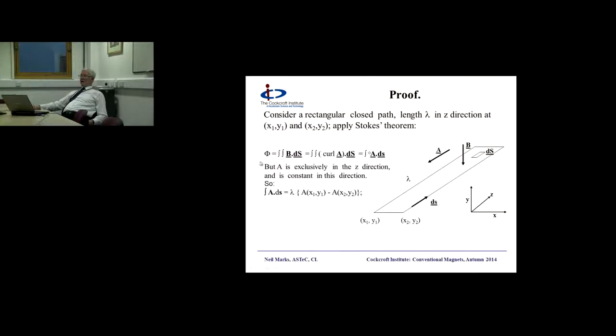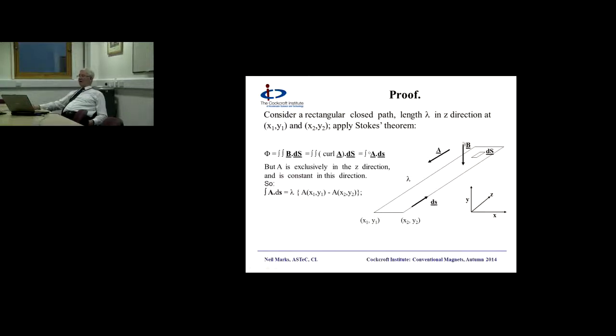And Stokes's theorem says that phi, which is equal to the total area integral of B dot dS, is equal to the double integral of curl A, and this is where Stokes's theorem comes in, it's also equal to the integral of A dot ds. But A is exclusively in the Z direction. There's no component of A in the horizontal or vertical plane.